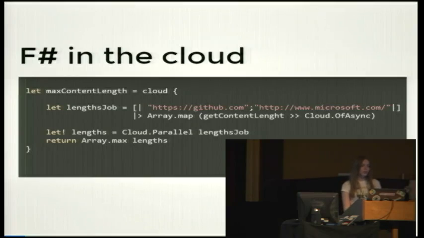If we go through this code line by line, you'll see the max content length function. Its body is wrapped in the cloud block. And inside we have a set of jobs which are calculating the content length of each web page from the input array. Then we're executing these jobs in parallel in the cloud. And finally, we're returning the maximum value of all the results we got.